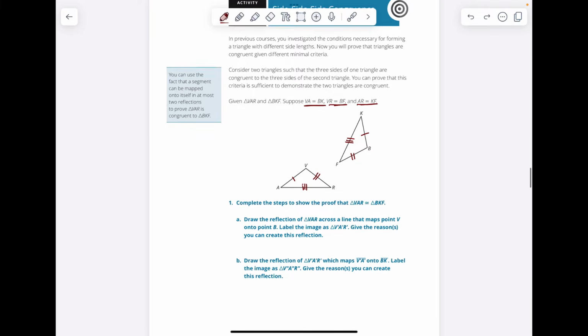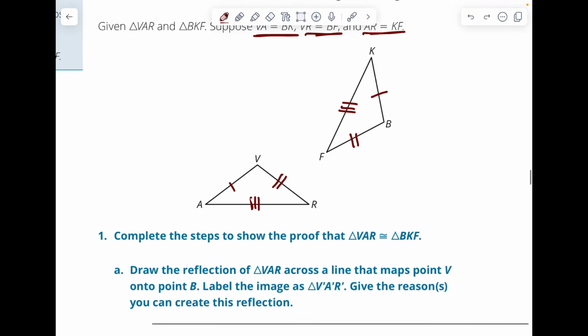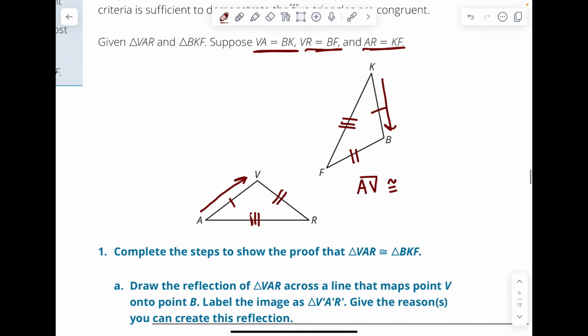So I'm going to just do it up here because I don't feel like going back and forth. We obviously know the sides, and that would be AV is congruent to BK. Actually, no, I don't like that. So if we go from A to B, that means we need to go from K to B. It has to be in the same order.